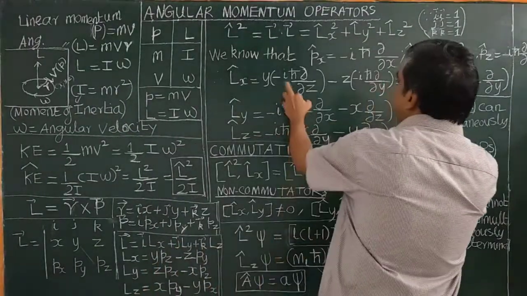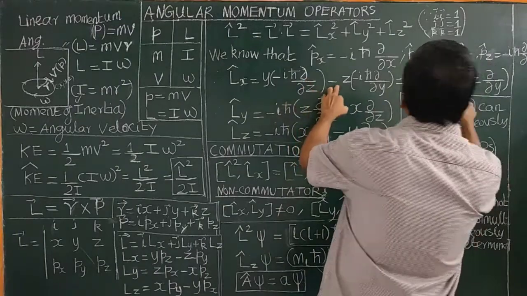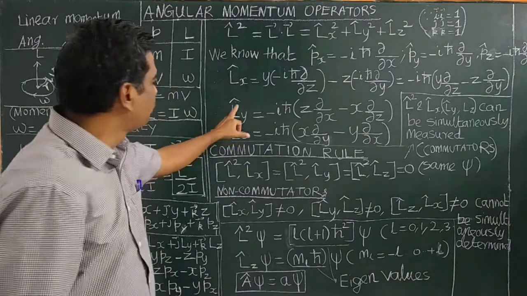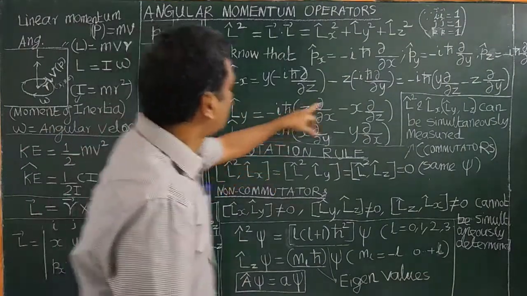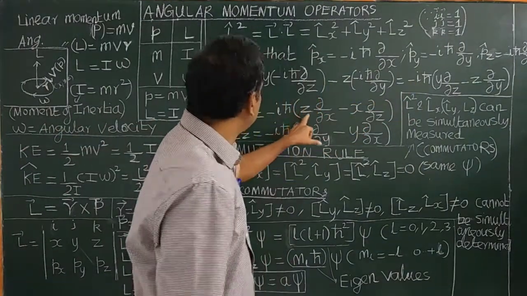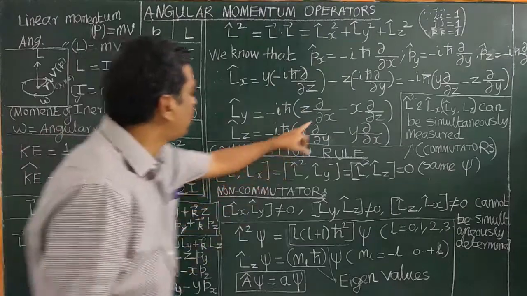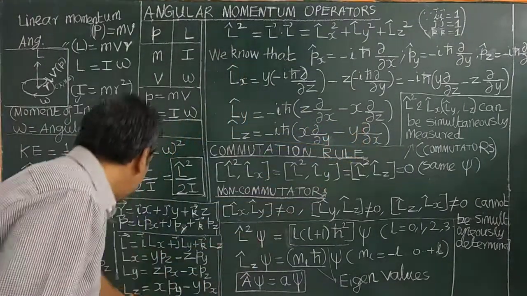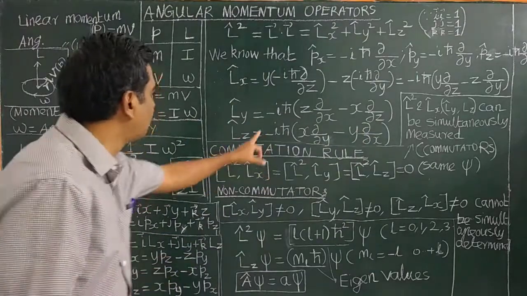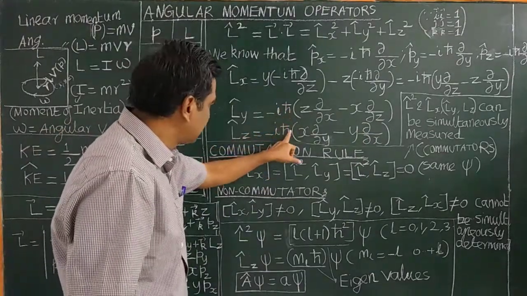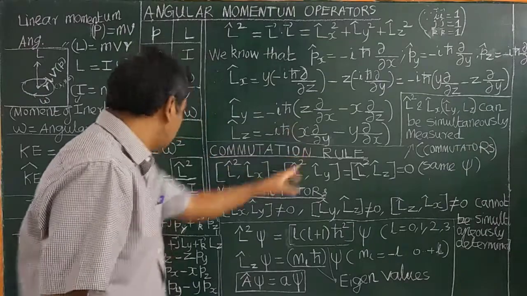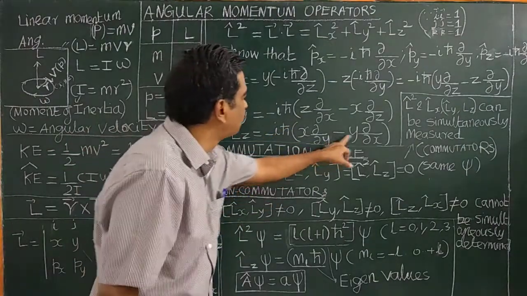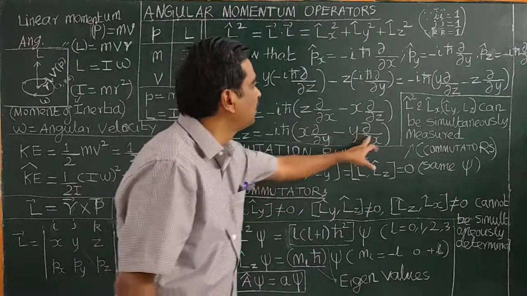Therefore, Lx equals minus i h bar (y del by del z minus z del by del y). Similarly, Ly cap equals minus i h bar (z del by del x minus x del by del z). Similarly, Lz cap equals minus i h bar (x del by del y minus y del by del x).